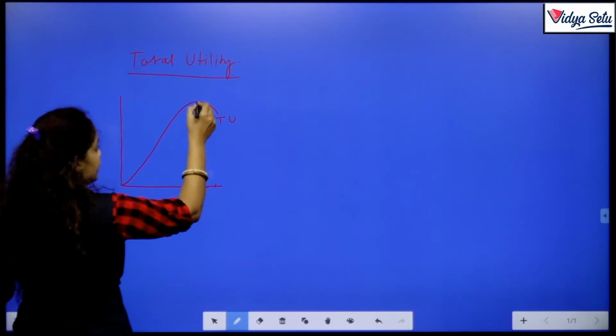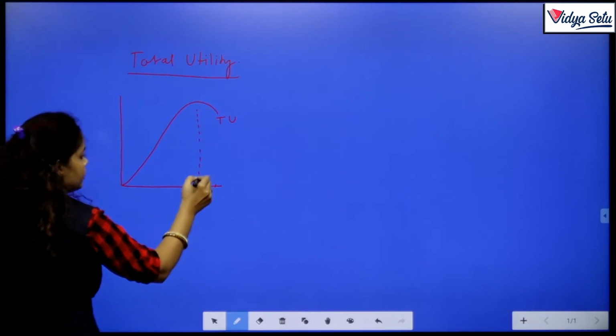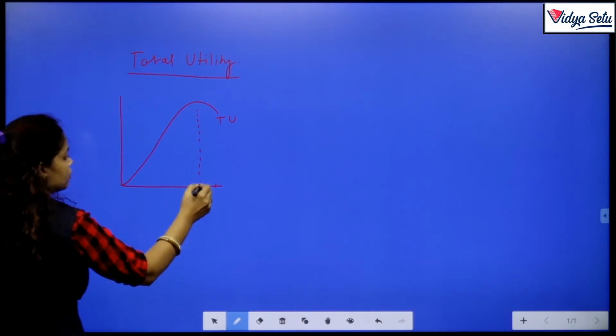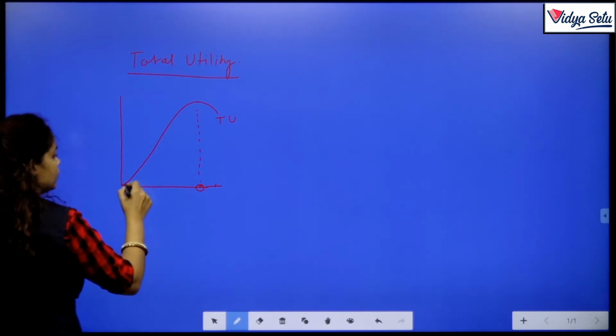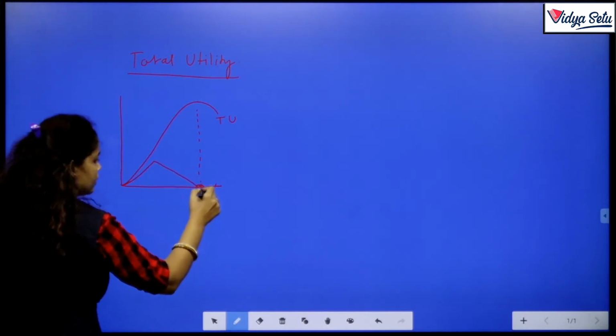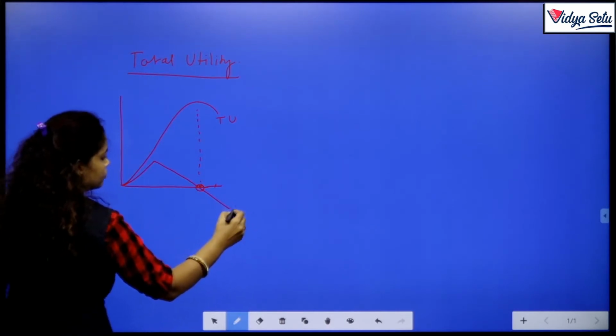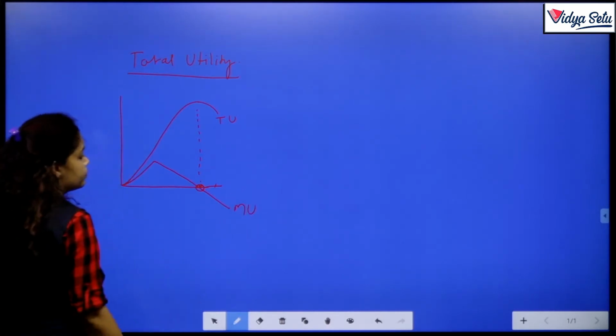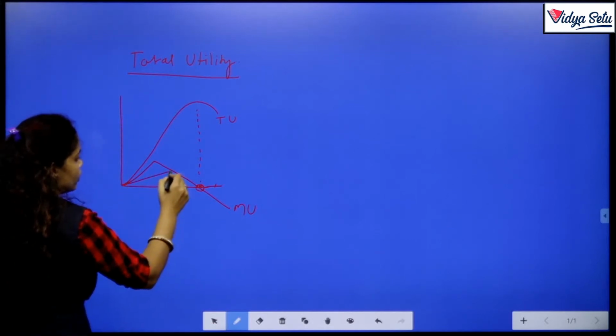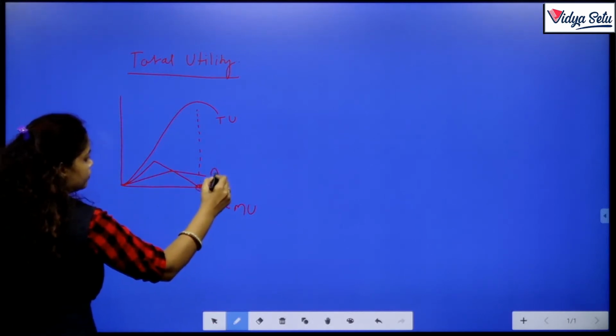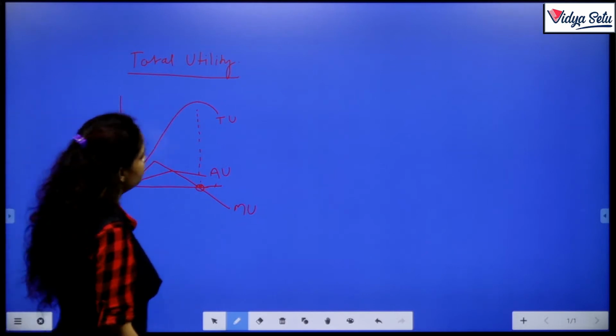At the point where it decreases, MU is 0. So it first increases, then decreases. In the same way, we can also draw the curve of AU.